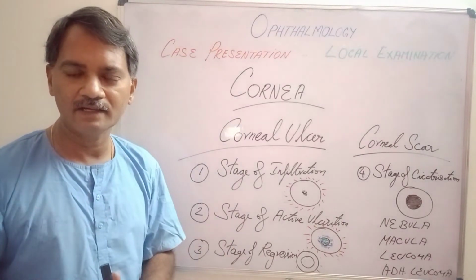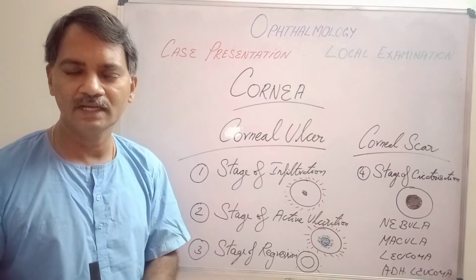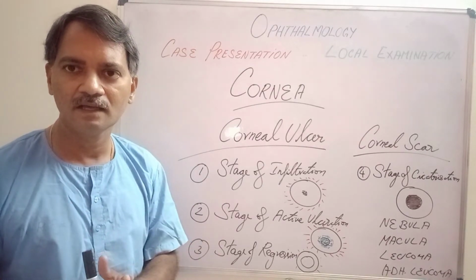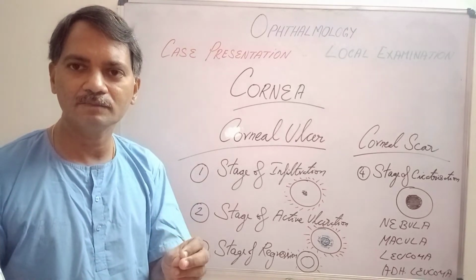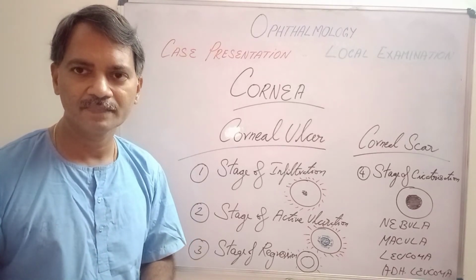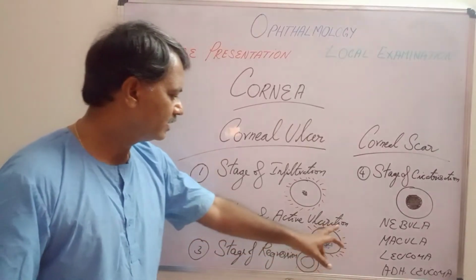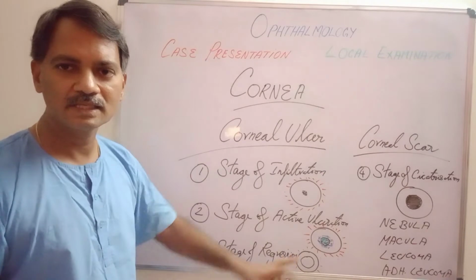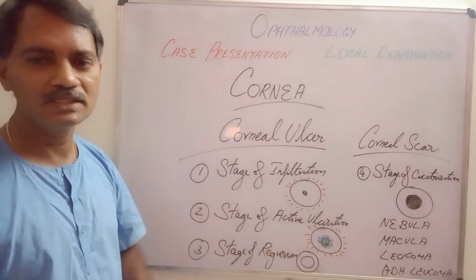Surrounding this defect you can see whitish opacity, that is an area of infiltration by both organisms as well as immune cells, and also collection of edema. So it will be associated with circumcorneal congestion or ciliary congestion, that is the stage of active ulceration.